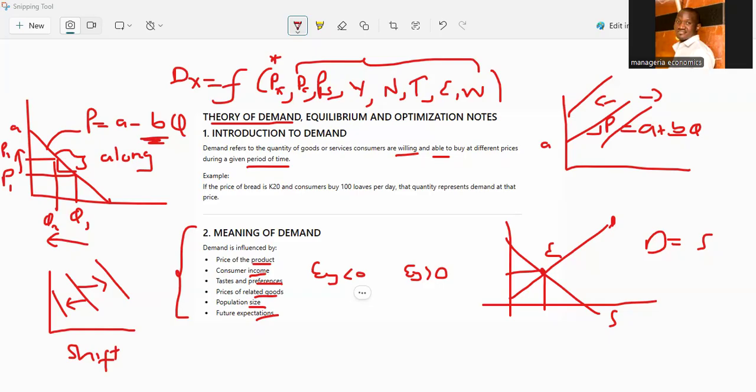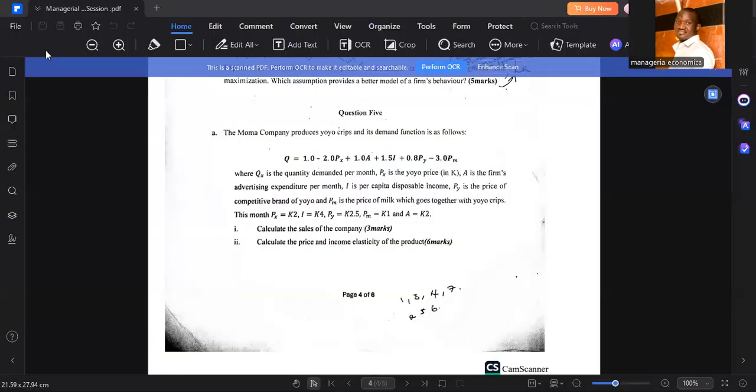Okay, so if that is clear, let me now take you to another important component of demand and supply. You're able to tell that this is our demand equation and this is our supply equation by the way the equation looks. So if you're given, for instance, P is equal to 100 minus 2Q, and P is equal to 10 plus 3Q, which one is the demand and which one is the supply?